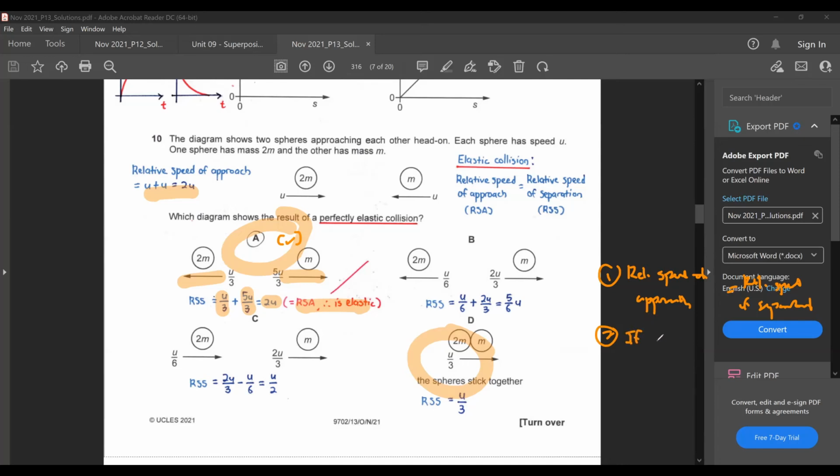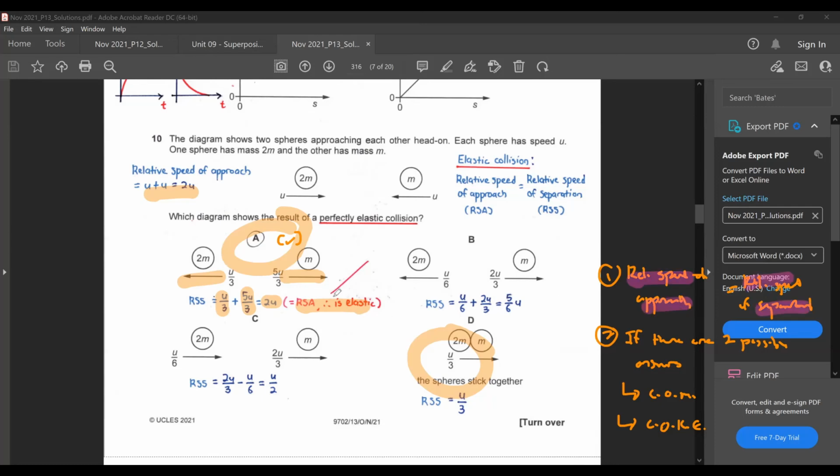If there are two possible answers, the next thing you would probably do is use conservation of momentum or conservation of kinetic energy to determine. But the first thing you normally do is this one.